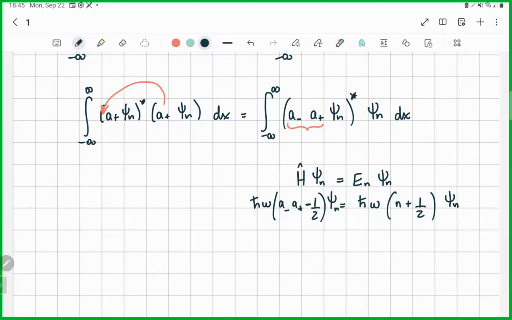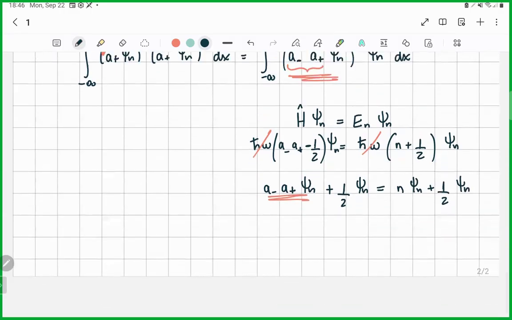Okay, all right, so if I look at this equation, I can cancel this h bar omega, and I find that a minus a plus acting on psi n, minus half psi n, is equal to n psi n plus half psi n.